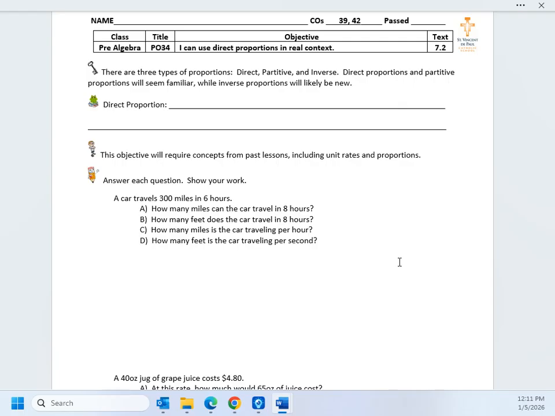When we start off units, we usually start off with something that we kind of know, just going a little bit deeper on it. Today's isn't going to be an overwhelming lesson, but it will get more challenging as we go through, and we really do need to be in the habit of paying attention. Direct proportions and partitive proportions will seem familiar, while inverse proportions will likely be new.